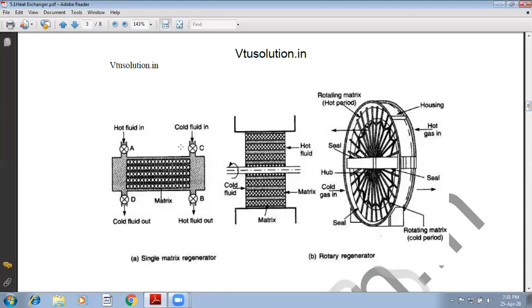Once the heat exchange has occurred, we will close the valve C, then we will open the valve D.